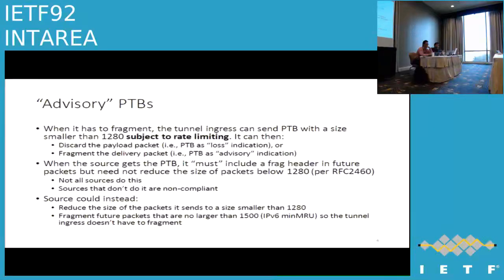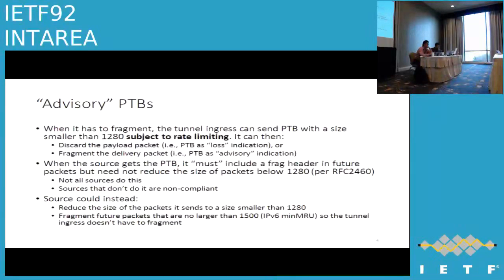Unfortunately, not all sources do this, and sources that don't are non-compliant. The source could instead reduce the size of the packets it sends to a size smaller than 1280, or it could fragment future packets no larger than 1500, so the tunnel ingress doesn't have to fragment. That's what an advisory packet too big could cause a source to do.